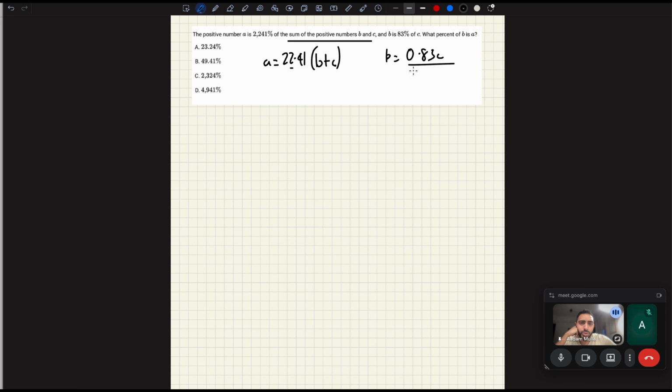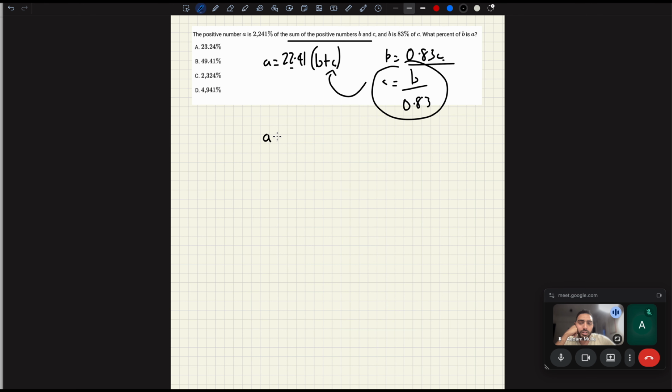I'm going to rearrange this so I've got C as a subject, and then I can swap that out. If I divide both sides by 0.83, I get C is equal to B over 0.83. That's that bit done. So we can swap this C for this.